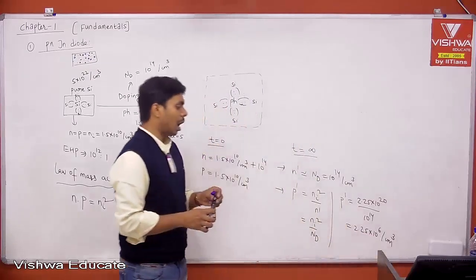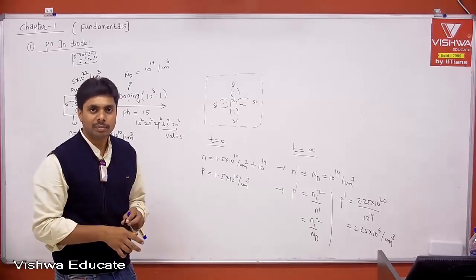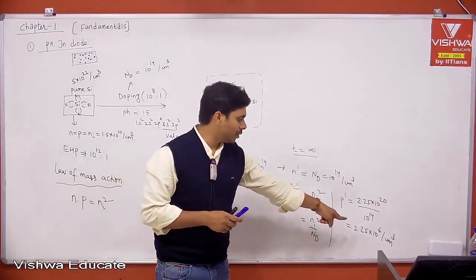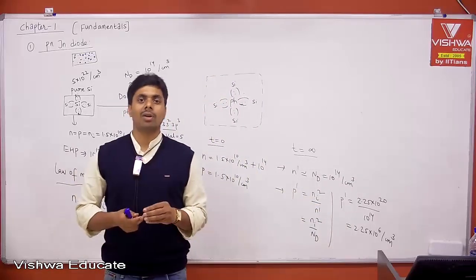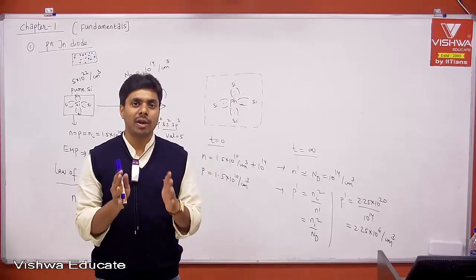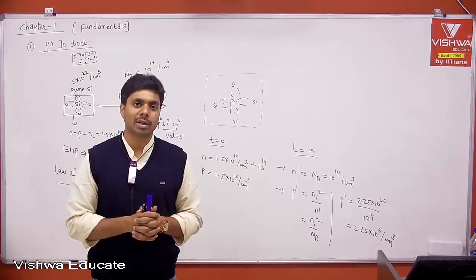If you ask me how many holes are there under steady state at thermal equilibrium, 2.25 into 10 to the power 6, can I say 22.5 lakhs of holes, let us say 22 lakhs of holes are there per centimeter cube.